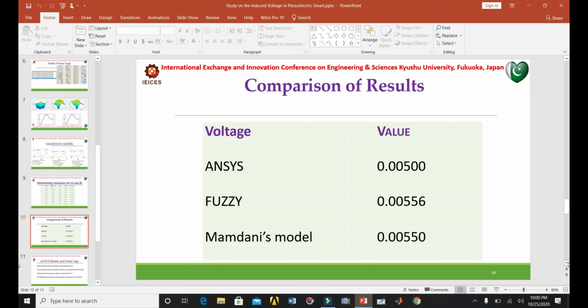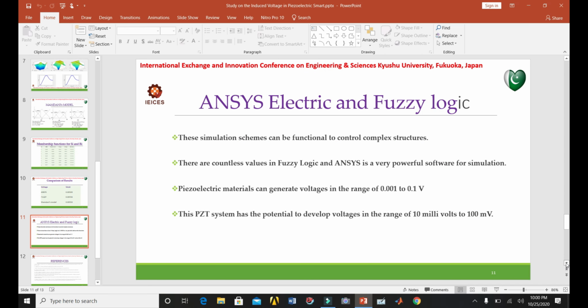Maximum and minimum output of any system can be measured by these simulation techniques successfully. So this is the last slide for results. I have put the results here with the help of ANSYS electric and fuzzy logic simulation. The simulated values are very close to each other, so the results are verified.